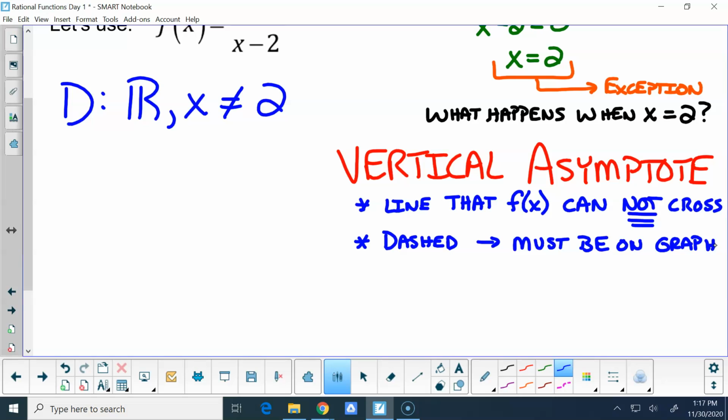We find it with the restrictions of the domain.